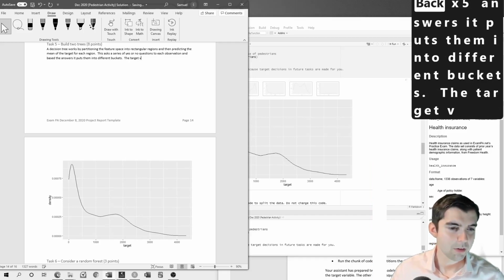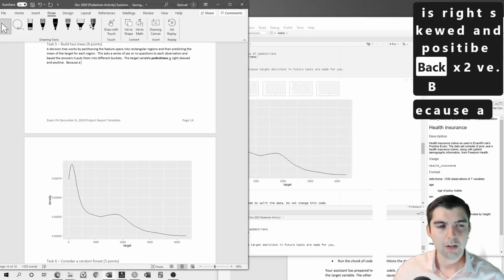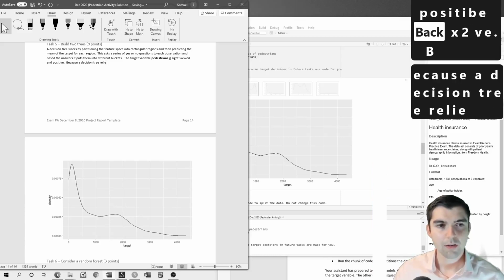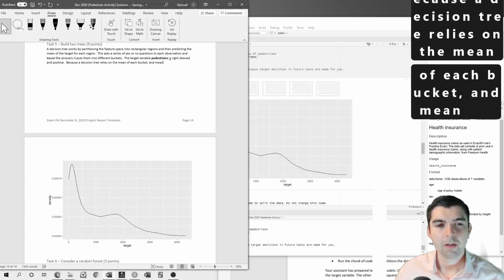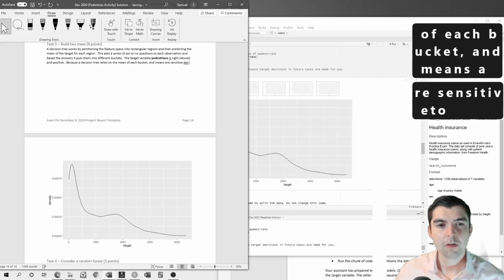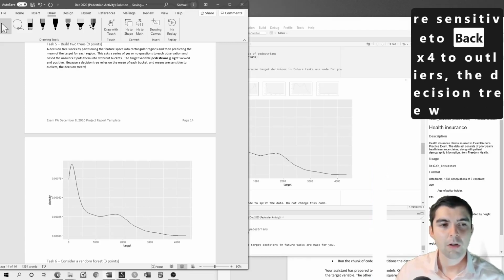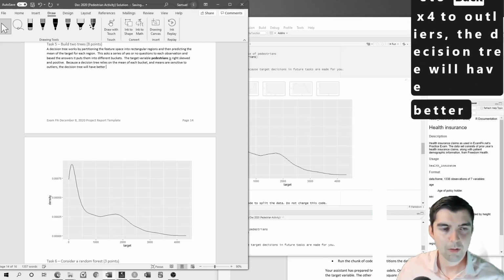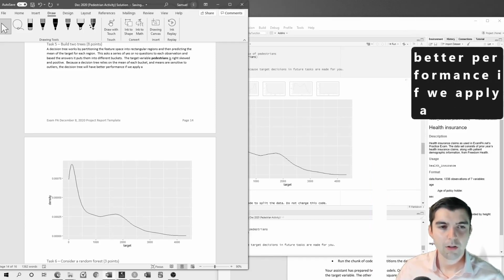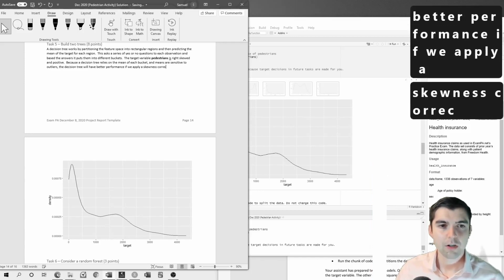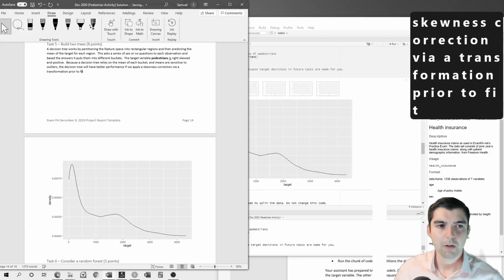The target variable, pedestrians, is right skewed, positive. So because a decision tree relies on the mean of each bucket, and means are sensitive to outliers, the decision tree will have better performance if we apply a skewness correction via a transformation prior to fitting the model.